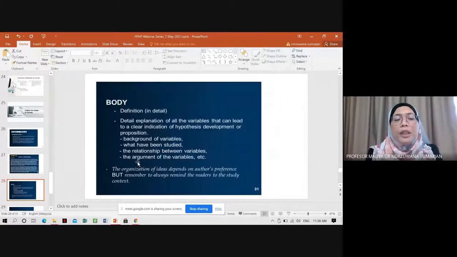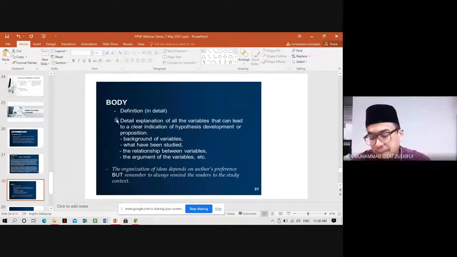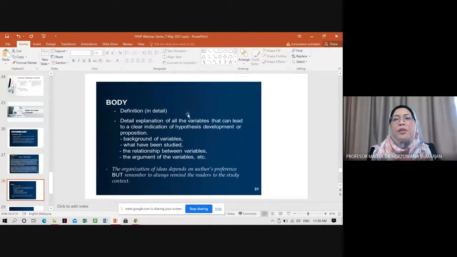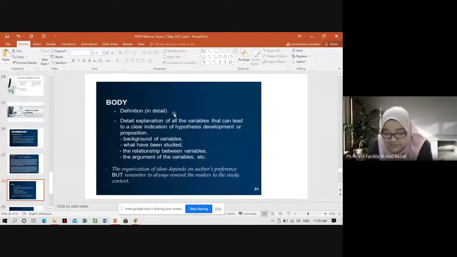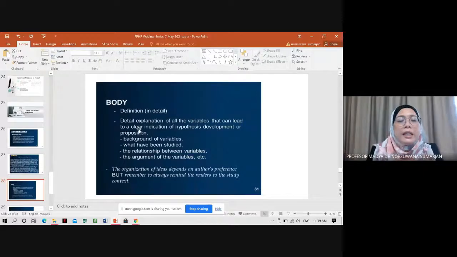Now, for the body, this is again how you want to organize your literature. You can do topical, you can do chronological, you can do broader to specific, okay? Whatever you want to do, but please make sure you have some definition of the variables or background or overview of the scenario that you want to study, detailed explanation of the variables that can lead to a clear indication of hypothesis development or proposition.